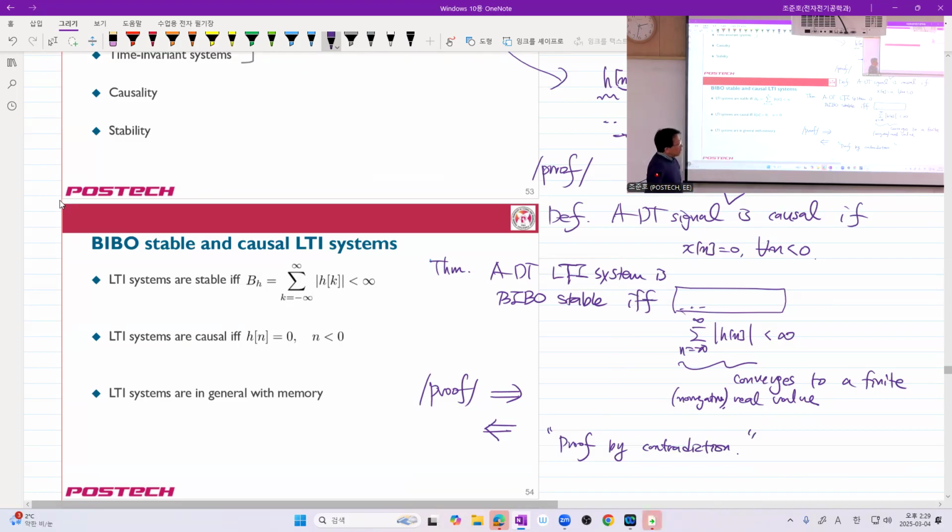By the way, proof by contradiction is translated into Korean with Chinese characters, 귀류법. It proves some statement by negating the conclusion and showing that something does not match.